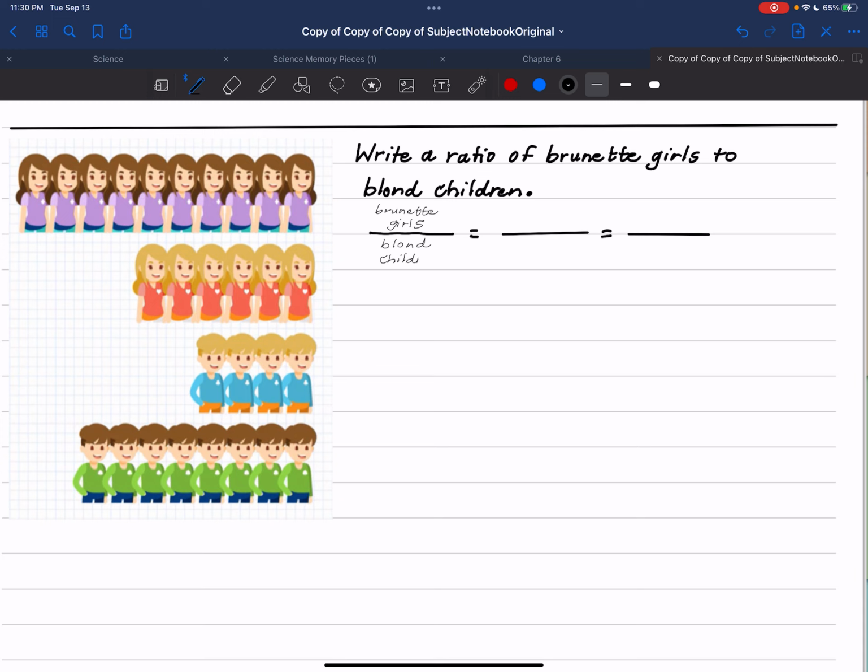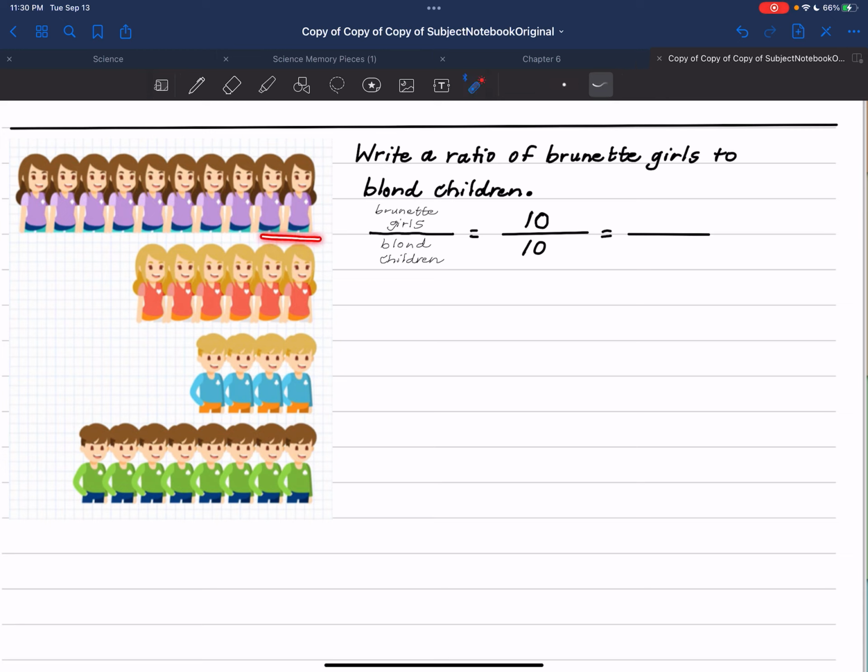So let's count the brunette girls. Those are the ones on top there in purple, and it looks like there are 1, 2, 3, 4, 5, 6, 7, 8, 9, 10. There are 10 of those brunette girls. So let's put that up here for this value. And then blonde children, there are 10 of them because that includes boys and girls.